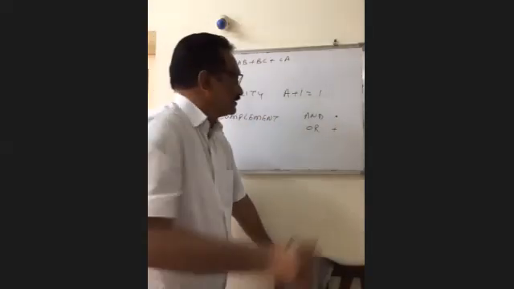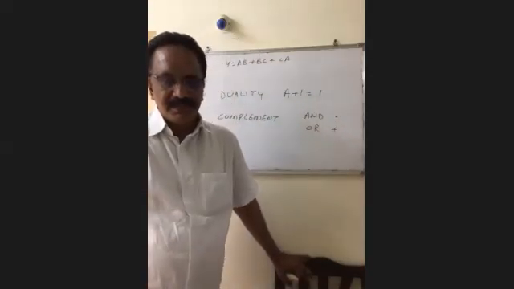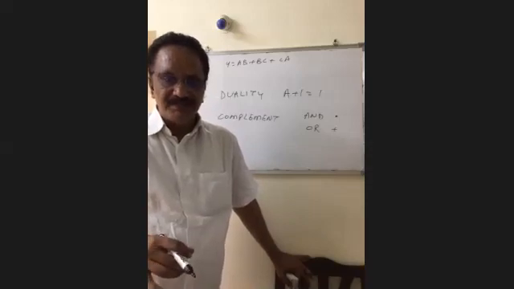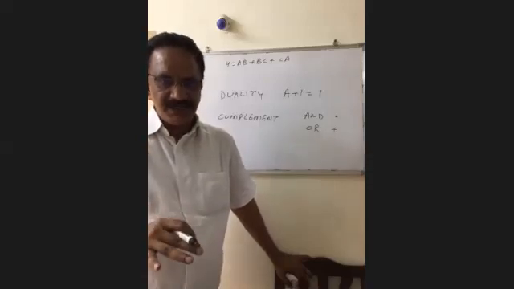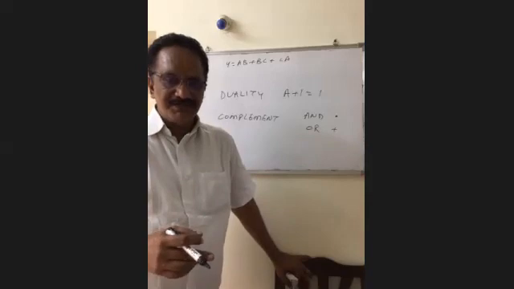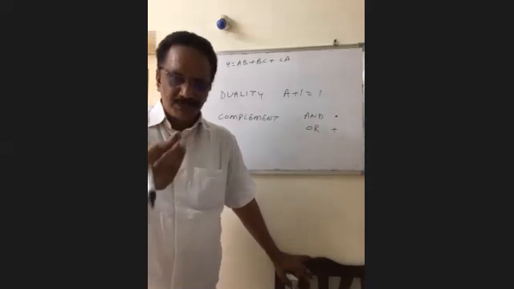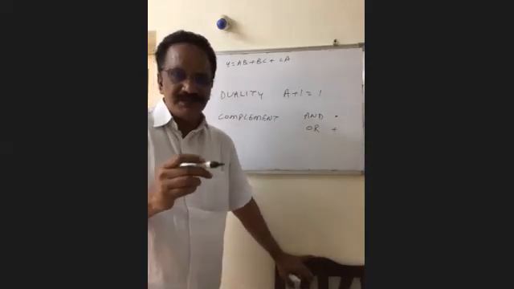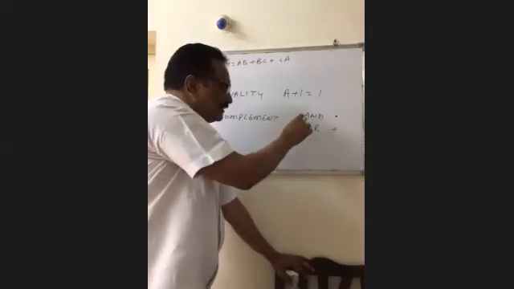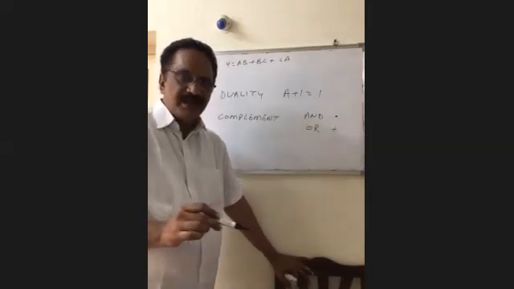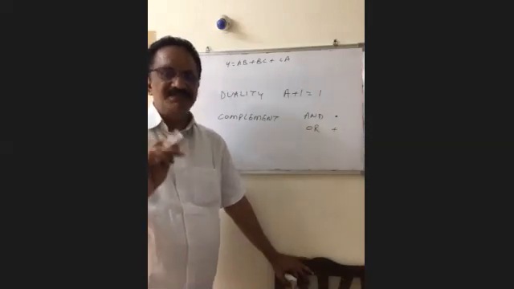This is the multiplication symbol and this one is the plus symbol. And by interchanging zeros and ones in the given expression: if there is a 0, replace it with 1; if there is a 1, replace it with a 0. So note down that one. The dual of a Boolean expression can be obtained by interchanging AND and OR operations and zeros and ones. That is duality.